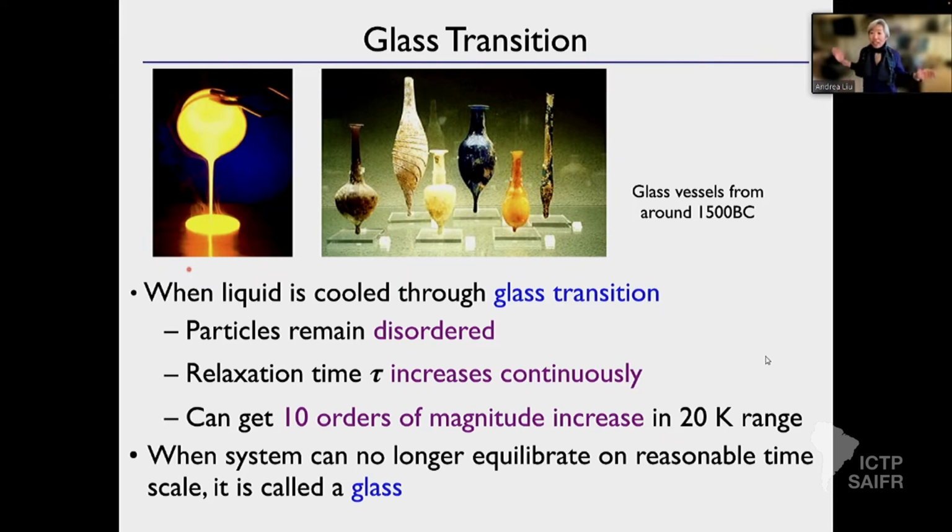So that's an extremely dramatic thing. Very rapidly, the relaxation time increases so quickly that at some point you can't wait long enough for it to relax. At that point the system has not equilibrated, because the stress has not relaxed. And you just give up and say the system's a glass.